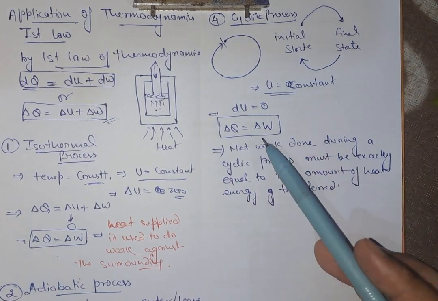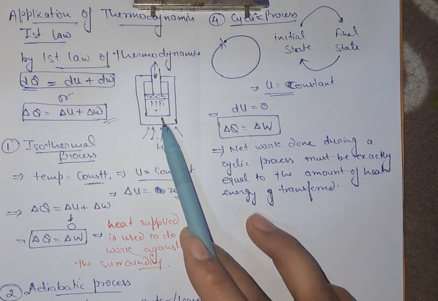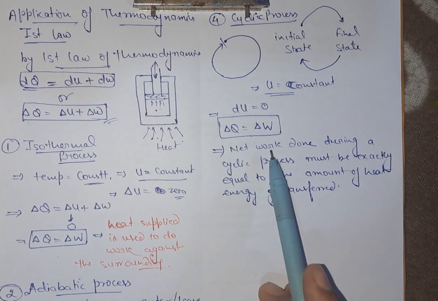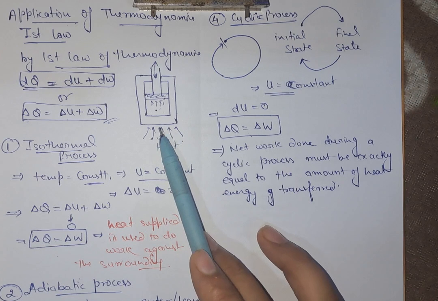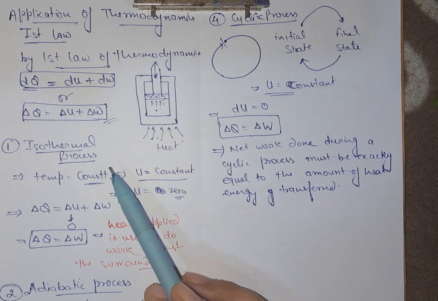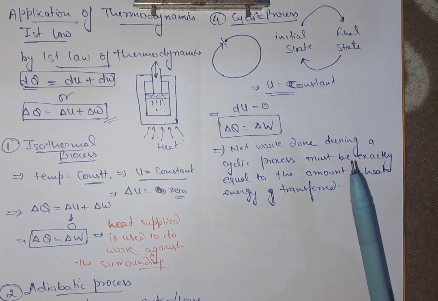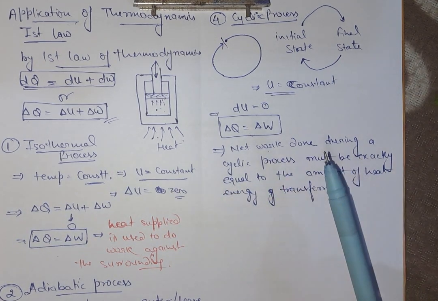So whatever heat energy is being transferred from outside to inside through the walls of the system, the overall work done in the cyclic process is equal to the amount of heat that is getting transferred.